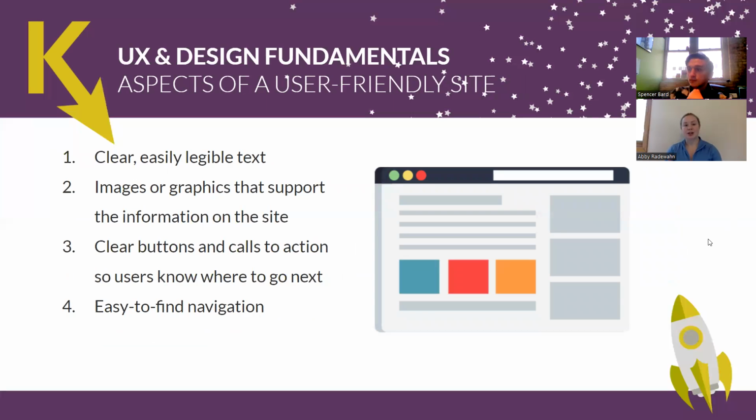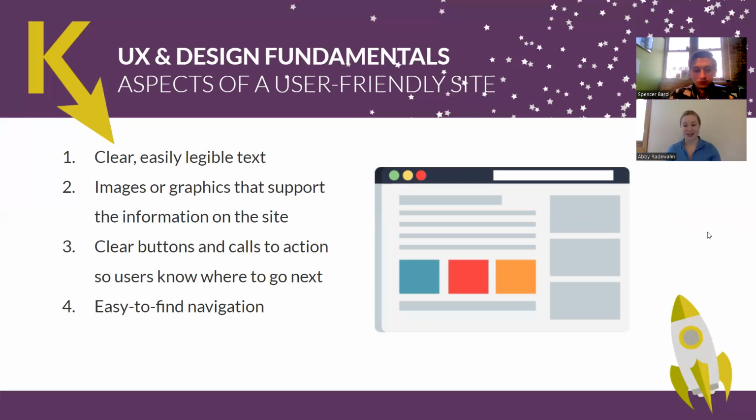Next, we're going to talk really quickly about the 4 most important aspects of a user-friendly site. First is clear, easy to read text. This is a really big one that seems simple, but doesn't always get followed through. You want people to come to your website to consume information.